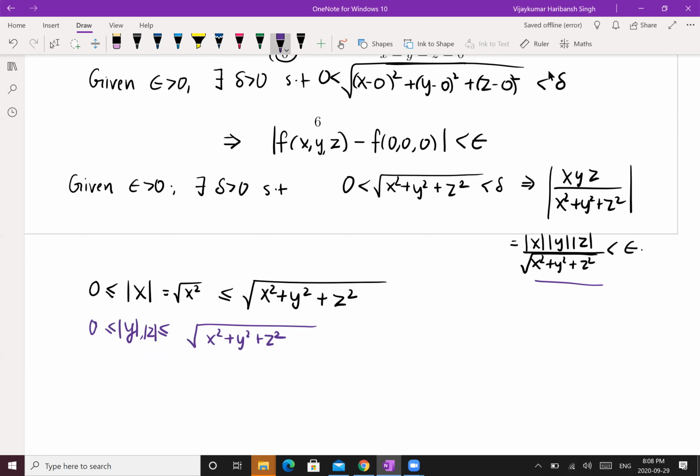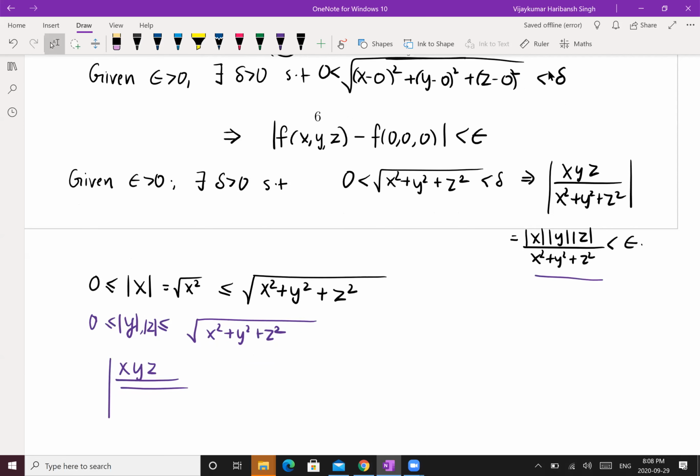So therefore, what do we get? We get the absolute value of x y z upon x square plus y square plus z square, there's no square root here, this is not a square root in the denominator. This is equal to the absolute value of x, absolute value of y, absolute value of z divided by x square plus y square plus z square.